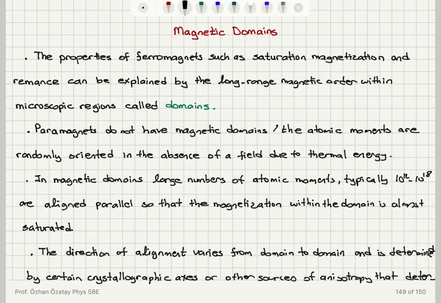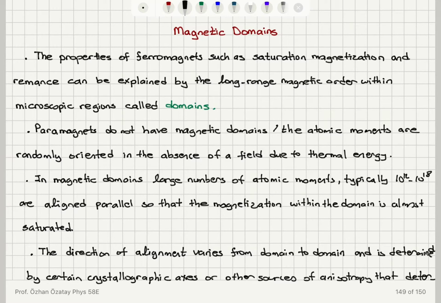if we look at the long-range magnetic order within microscopic regions called domains. In contrast, in paramagnets, we do not have magnetic domains. The atomic moments are randomly oriented due to their thermal energies. If we concentrate on a magnetic domain, we see large numbers of atomic moments, 10 to the 12 to 10 to the 18 moments, that are aligned parallel, so that the magnetization within the domain is almost saturated.